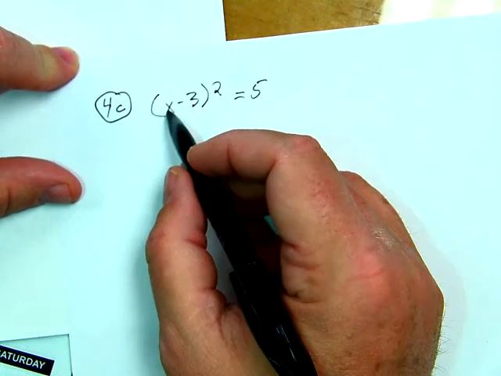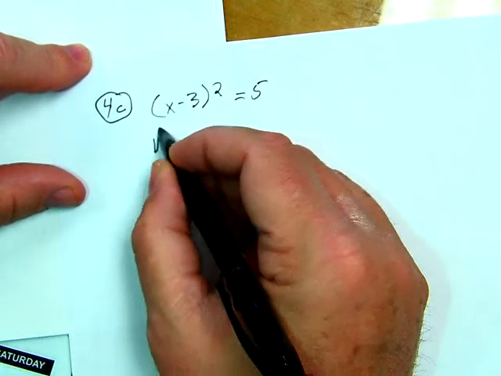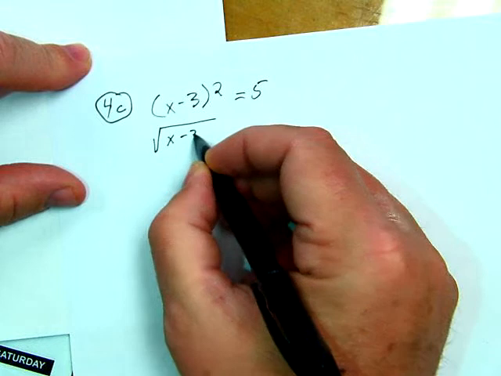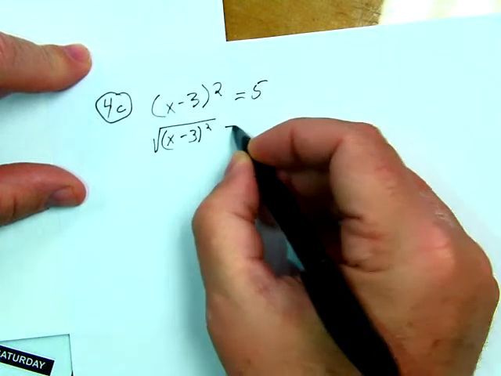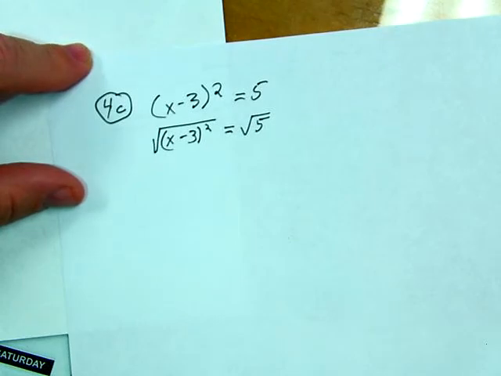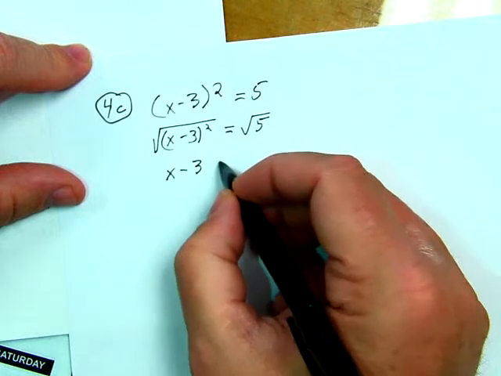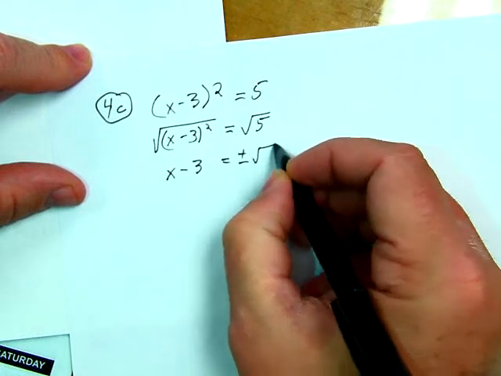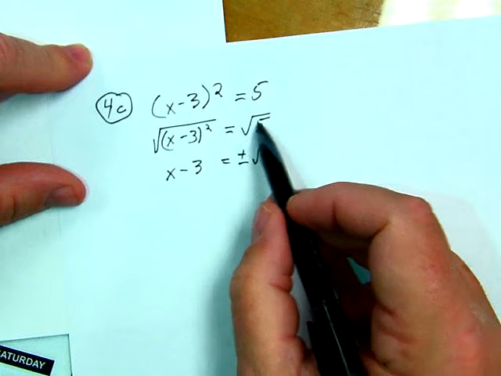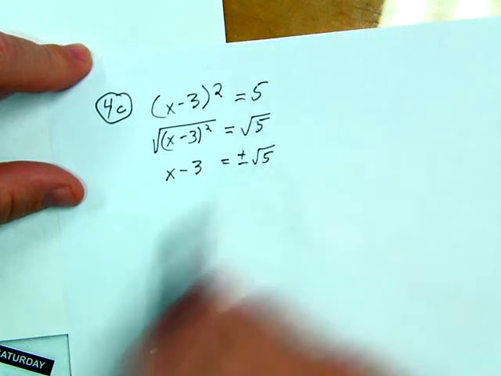Right away, I want to get rid of the square, so I'm going to take the square root of both sides: the square root of x minus 3 squared, and the square root of 5. When I do that, I get x minus 3 equals plus or minus the square root of 5, because 5 doesn't have a perfect integer square root, so I just say it's plus or minus the square root of 5.